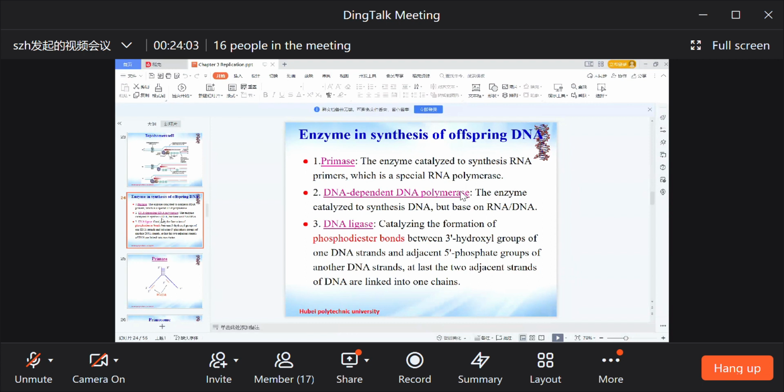At the beginning of this class, I introduced the primase. This kind of enzyme catalyzes the origin of replication and synthesizes a fragment of ribonucleotide sequence that acts as a primer and later elongates the nucleotide chain.